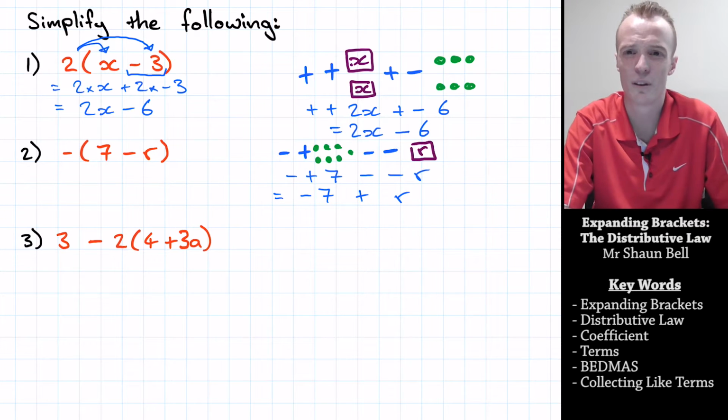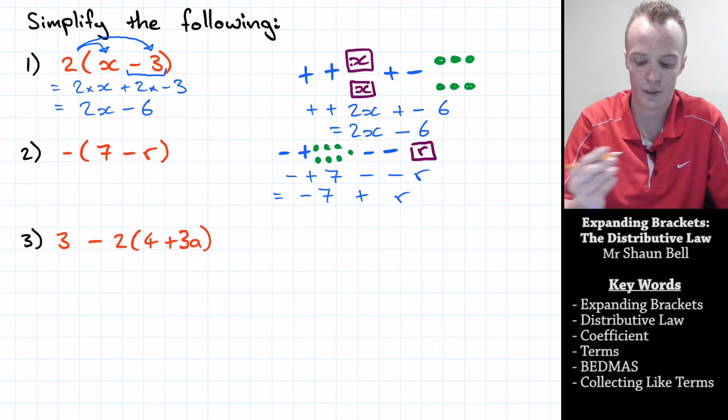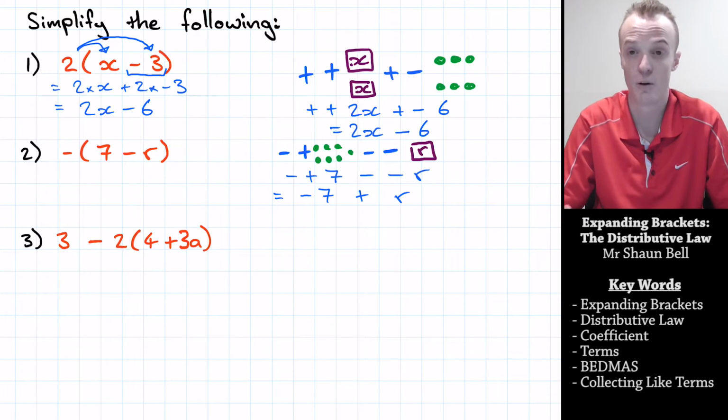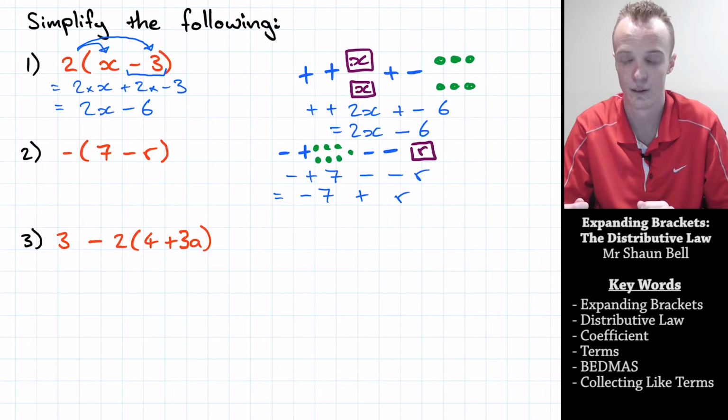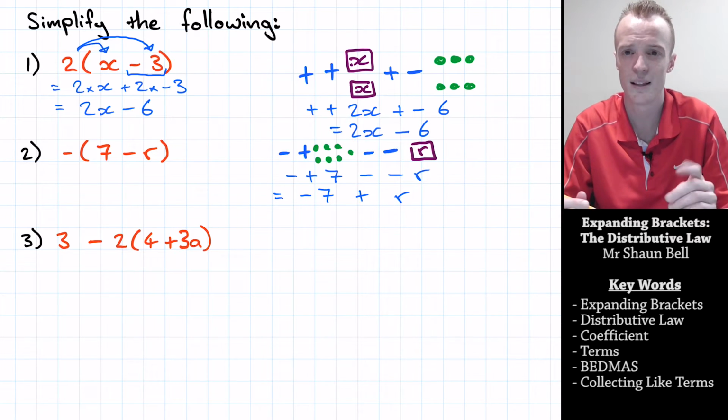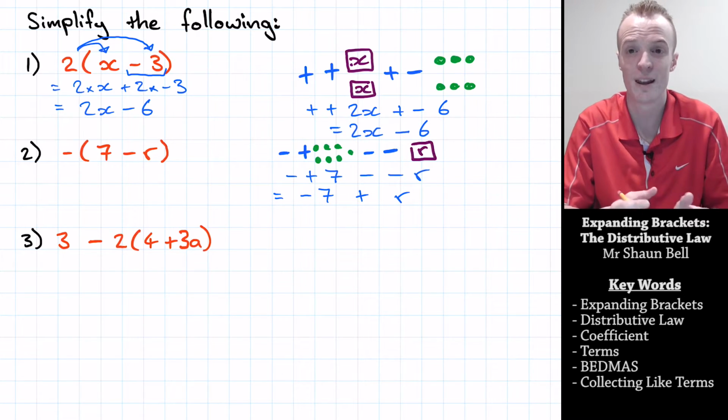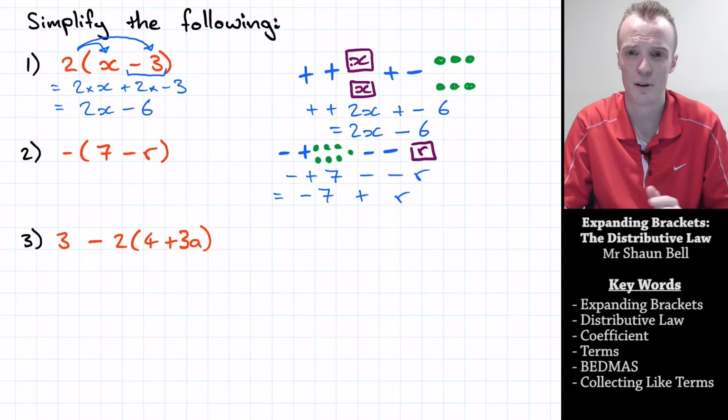But let's have a look at what the distributive law says. Now the distributive law says we need to take the coefficient in front of the brackets and multiply it with every term inside the brackets. But hang on a second, there isn't a number in front of the brackets, there's only this negative symbol. And that's where we've got to remember. If we've got negative 1 times something, we don't actually write the 1, we just put the negative.